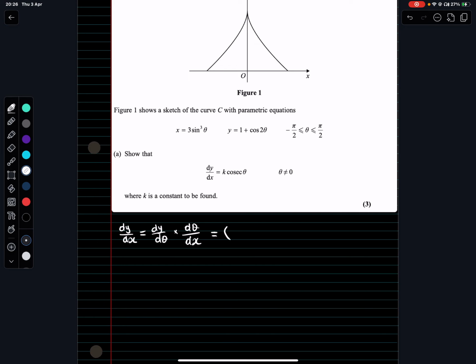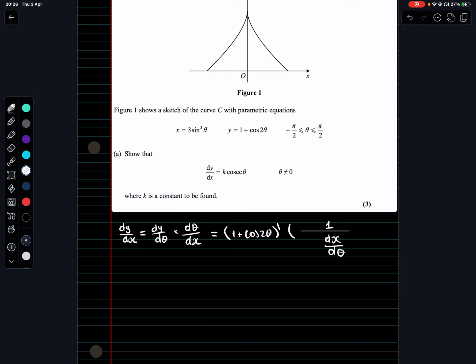So y with respect to theta is 1 plus cosine 2 theta, and we take its derivative. That's going to be multiplied by 1 over dx over d theta, because that's d theta over dx. It's not dx over d theta, so I should be writing 1 over dx divided by d theta.